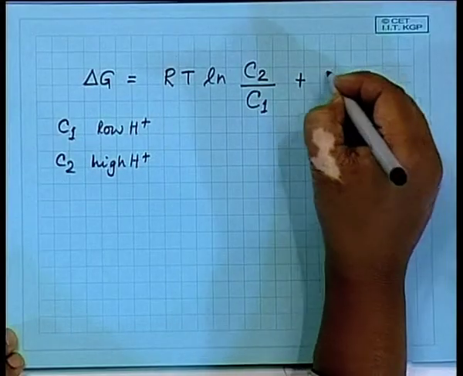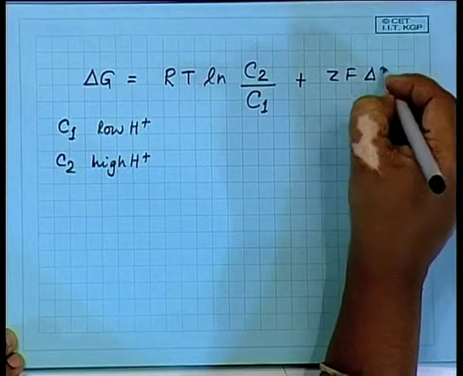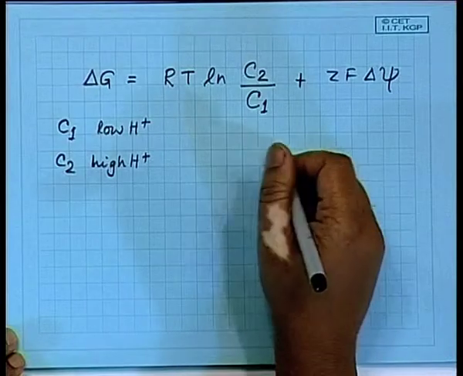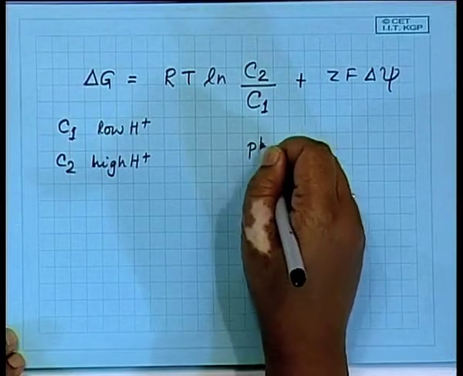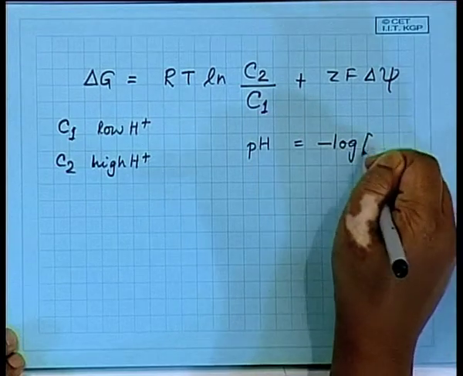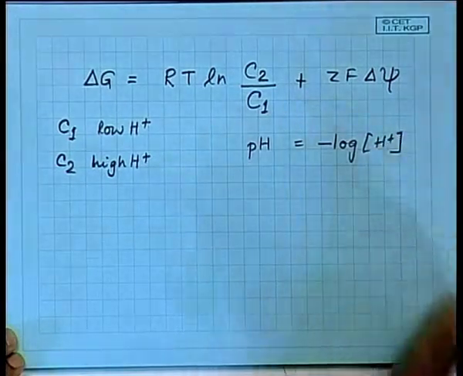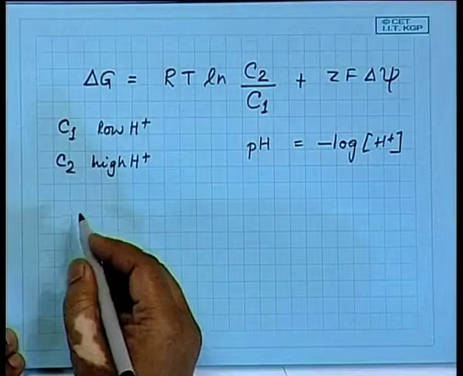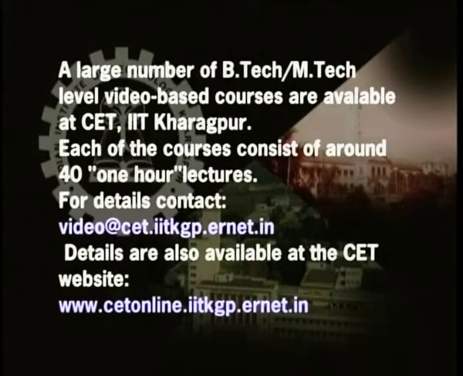Why? Because you have to make ATP. This is plus your ZF delta psi. Okay. Now, if we want to convert, what do we know? We know that the pH is equal to minus log of H plus concentration. We know this, right. So, all we have to do is relate this with the pH.